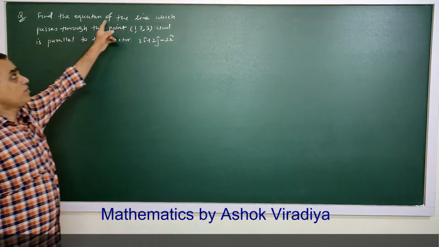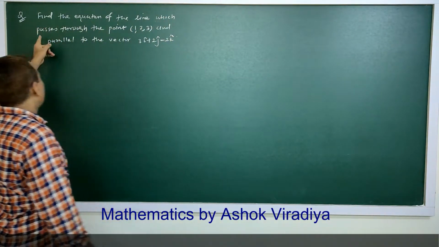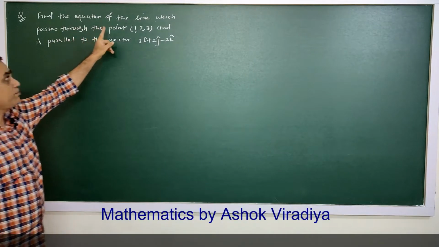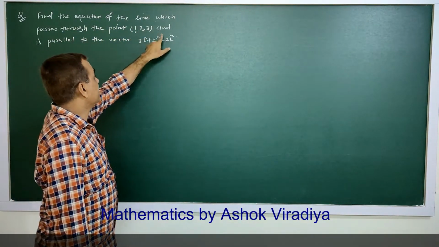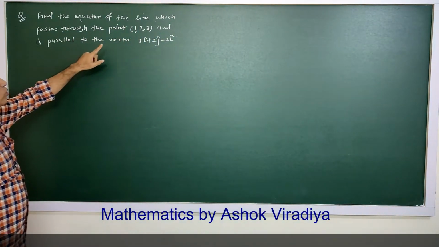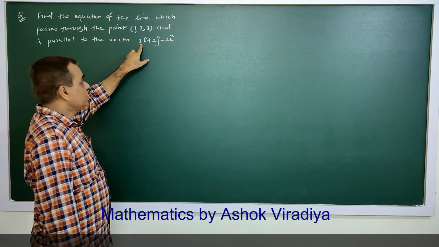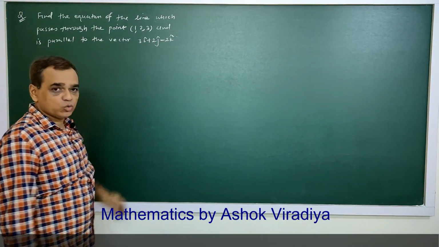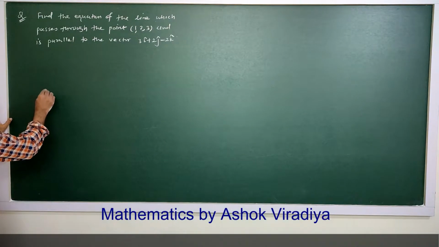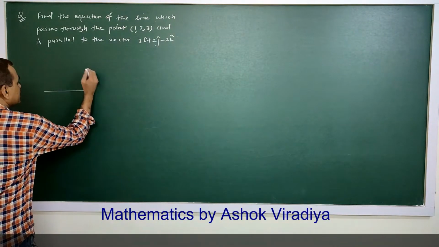Find the equation of the line which passes through the point 1, 2, 3 and is parallel to the vector 3i plus 2j minus 2k. So here we can understand this question by diagram.